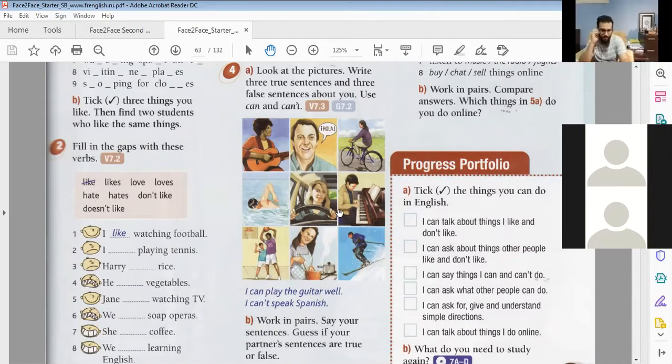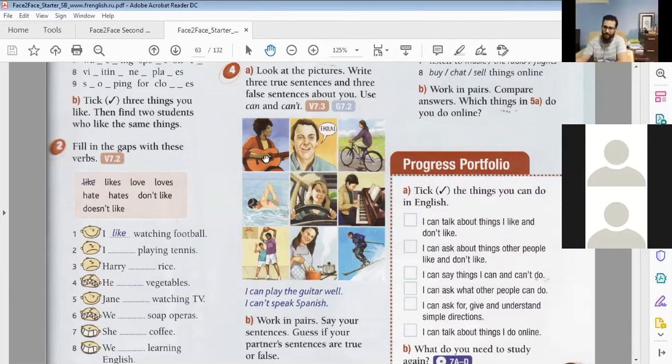Okay, so you can start first, Media, and then Manal can also have a chance. Start with the first one. I can't play the guitar. Okay. I can't swim. Uh-huh. I can't play basketball.